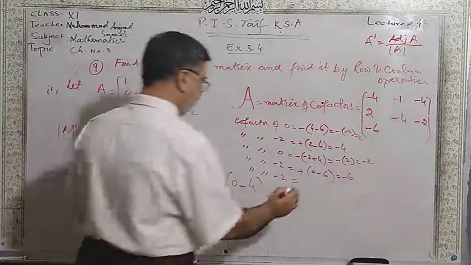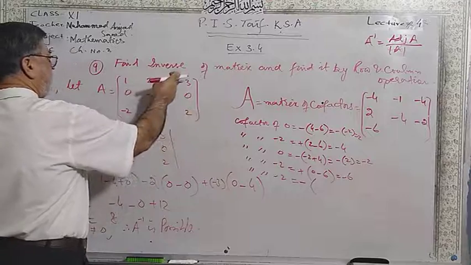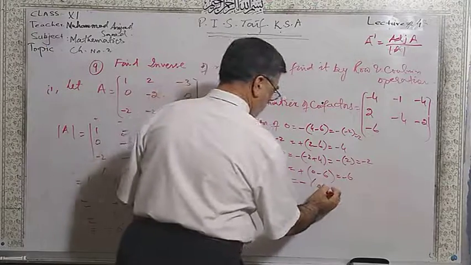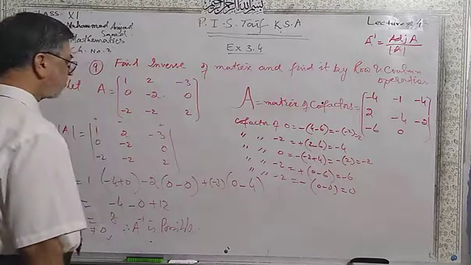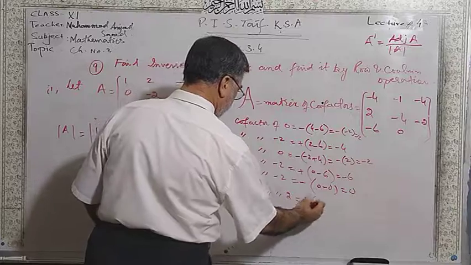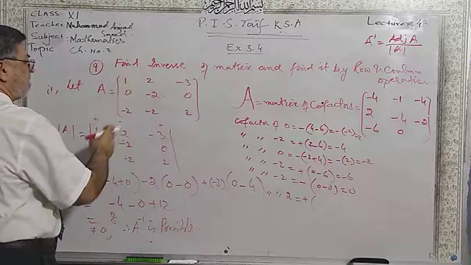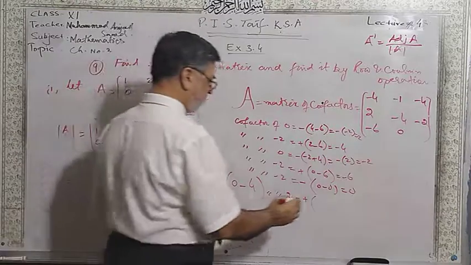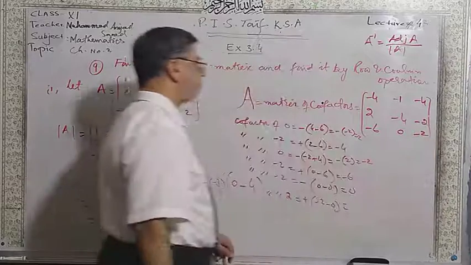What will it be? Minus. Remove this row and column, AD minus BC. 0 minus 0. That is 0. After that, the cofactor of 2. That is plus. Remove this column and row, AD minus BC. Minus 2 minus 0. That is minus 2.